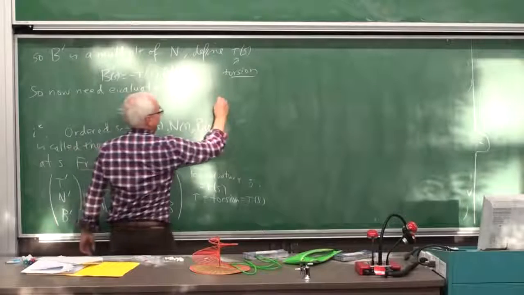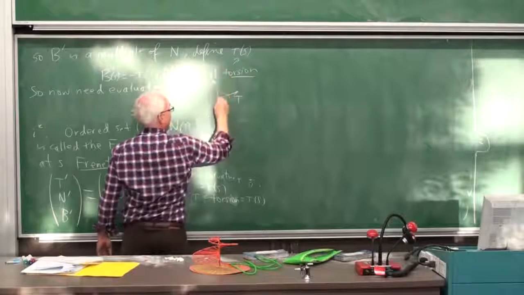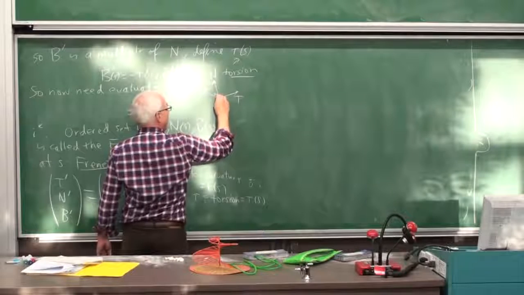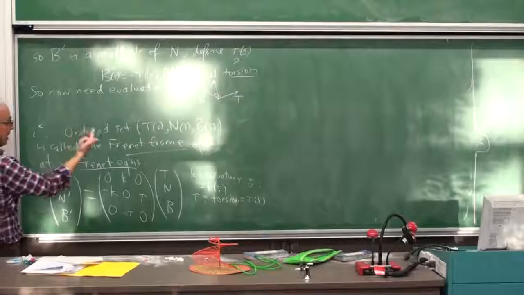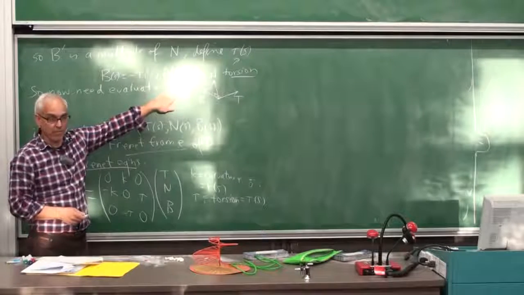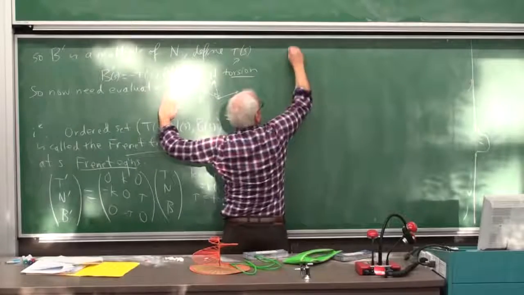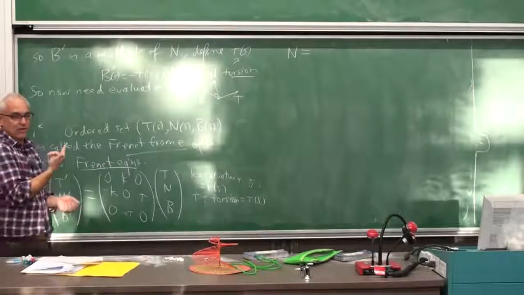Okay, so remember we have this frame here. So we have T, and then we have N, and then we have B. This is a right-handed system. So we're interested in getting control of N prime. So we're going to write N as the cross product of, and we have to make sure that we get them in the right order.